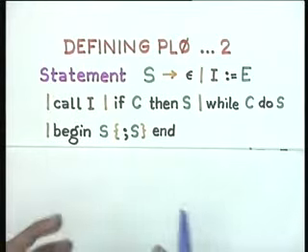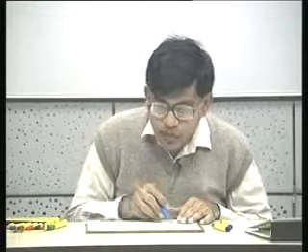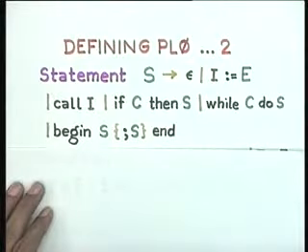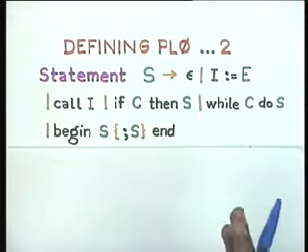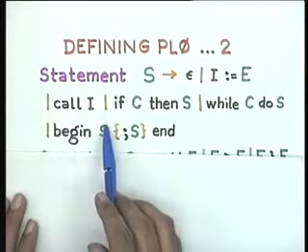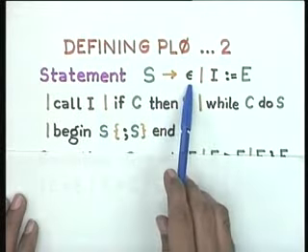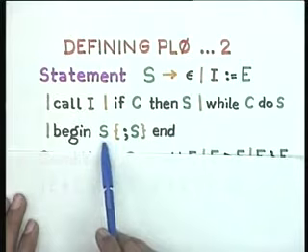You can coalesce a sequence of statements by bracketing them with a begin and end and call that a single statement. So this just says that you can have a begin, you can have an S. Note that since S can produce an epsilon, this could also be empty.